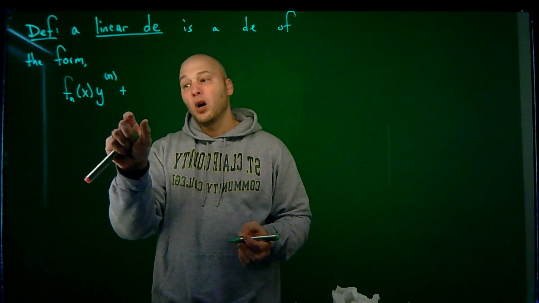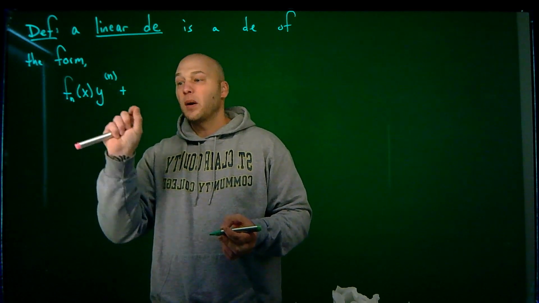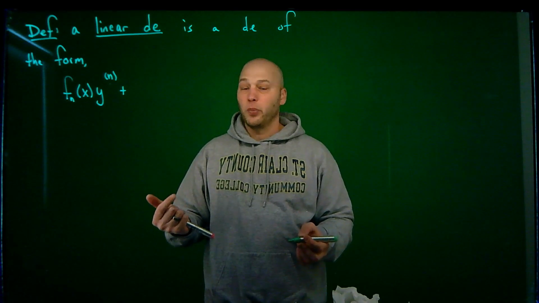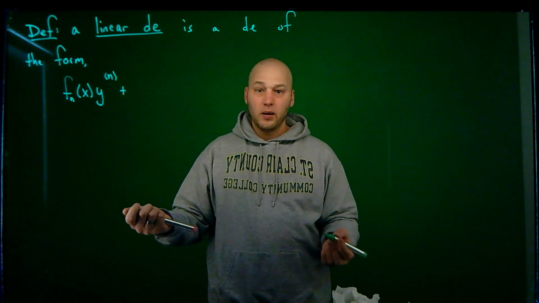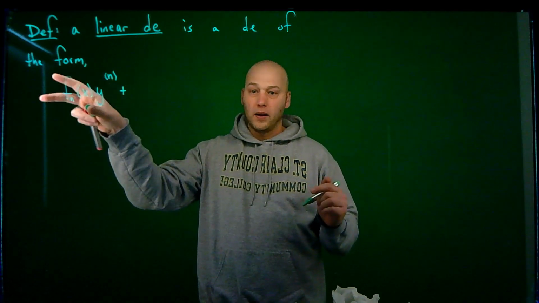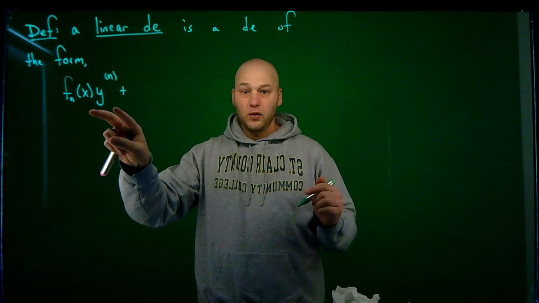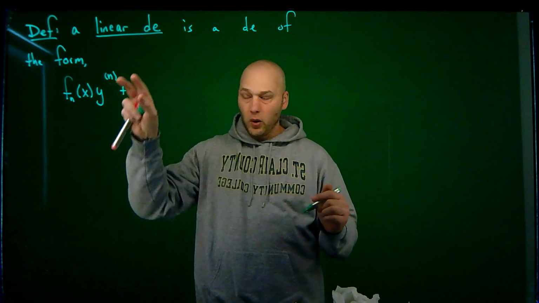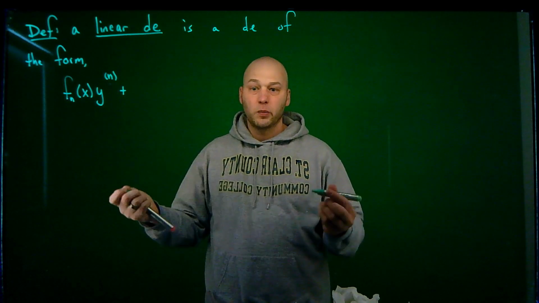The only possible coefficients that it could have would be something that is in terms of the expression x. X squared, sine of x squared plus 1. It has to have just nothing with a y in front of it. So derivative to the first power, second derivative to the first power, and then coefficients of just expressions in x.